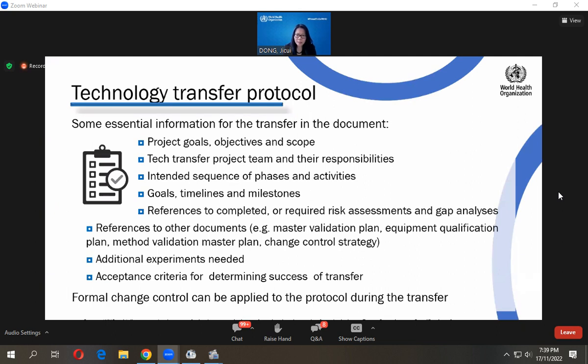So the timelines, the milestones, and it could also include reference to completed or required risk assessment and gap analysis. It can also include reference to other documents like the master validation plan, equipment qualification, change control strategies.